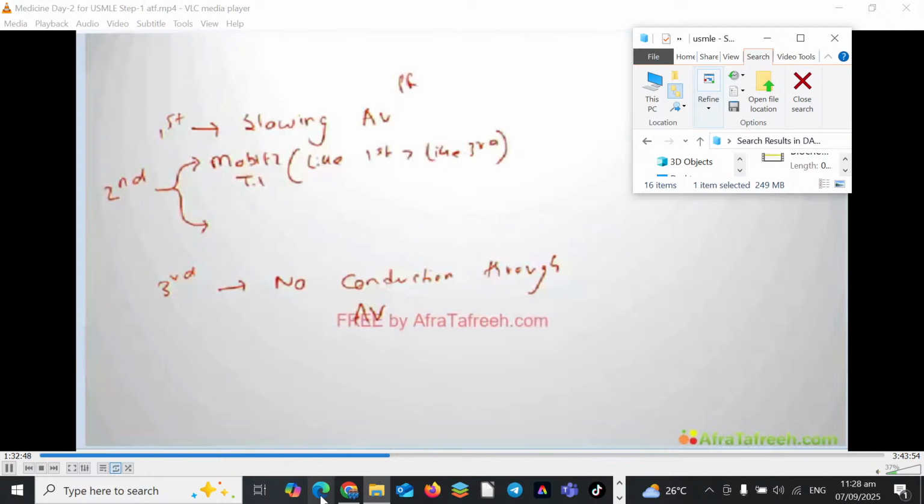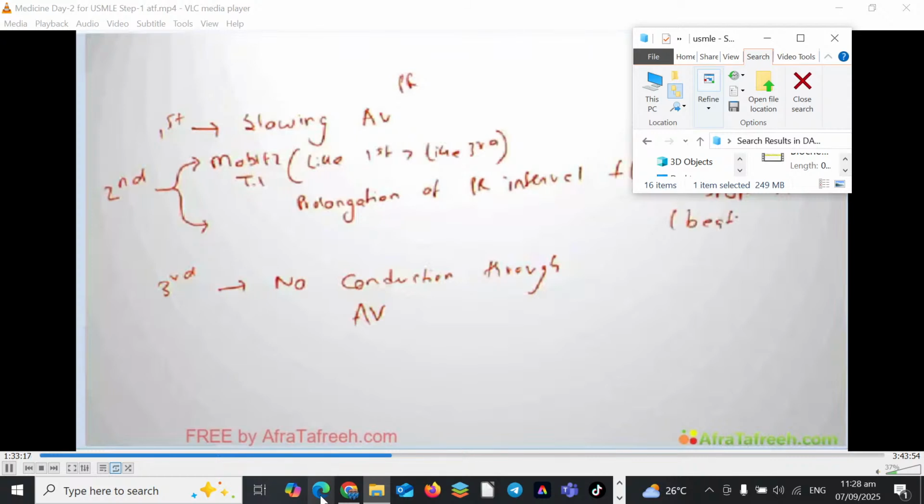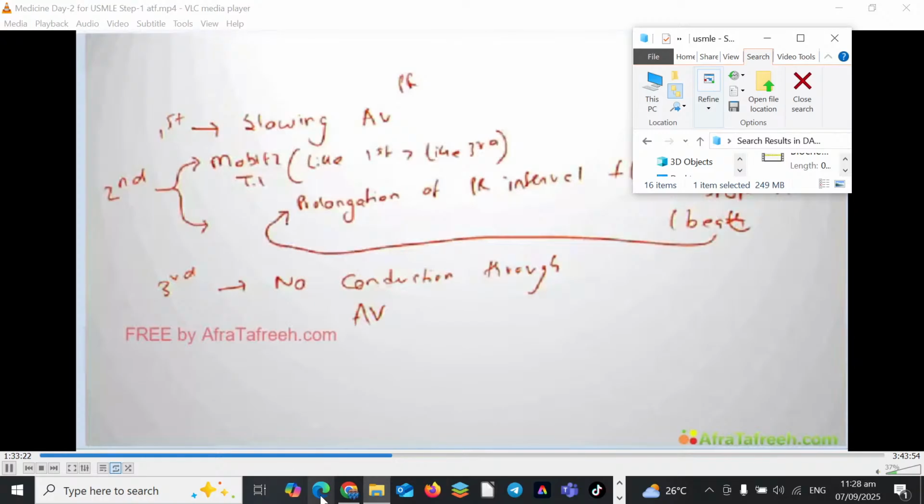In Mobitz type 1, there would be prolongation of the PR interval, followed by a complete stop in one beat, and then it will start again.